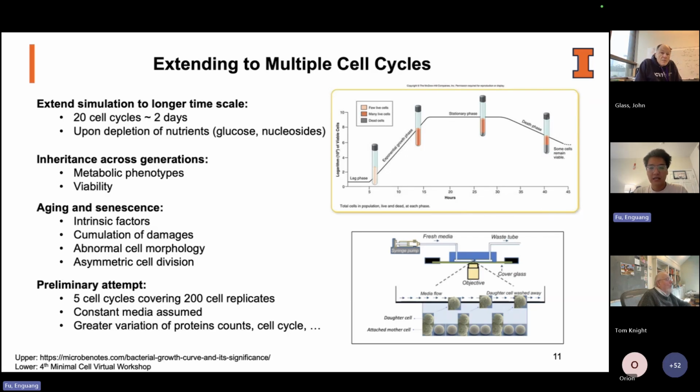the accumulation of damage and abnormal cell morphology as revealed by cryo-ET, and also asymmetrical cell division. We have done a very preliminary attempt to simulate five cell cycles covering 200 cell replicas with assumed constant media. And the simulation didn't explode, which is very nice.